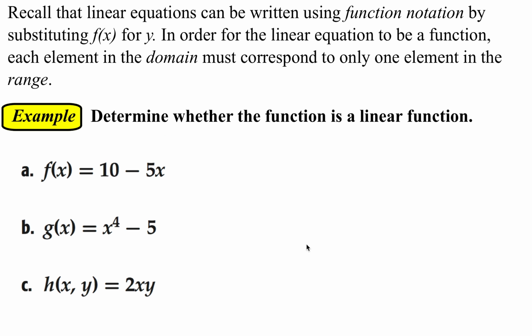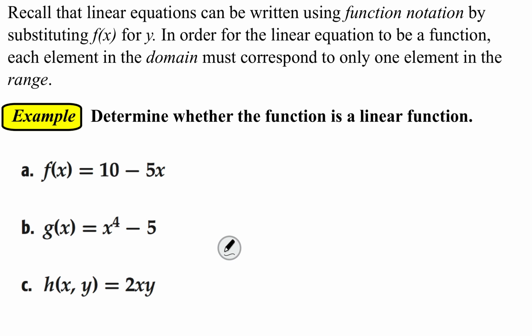In our last lesson, we learned that linear equations could be written using function notation by substituting this f of x for y. And in that lesson, we learned that in order for it to be a function, every element in the domain had to correspond to only one element in the range. So we want to determine in this lesson whether the function is a linear function.